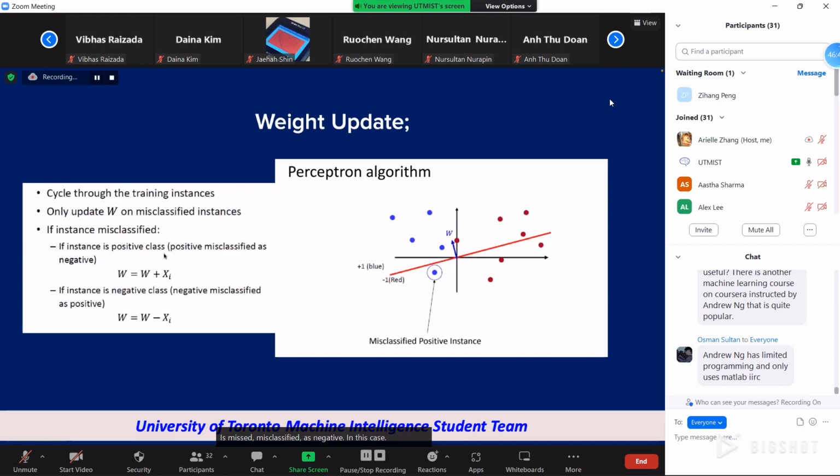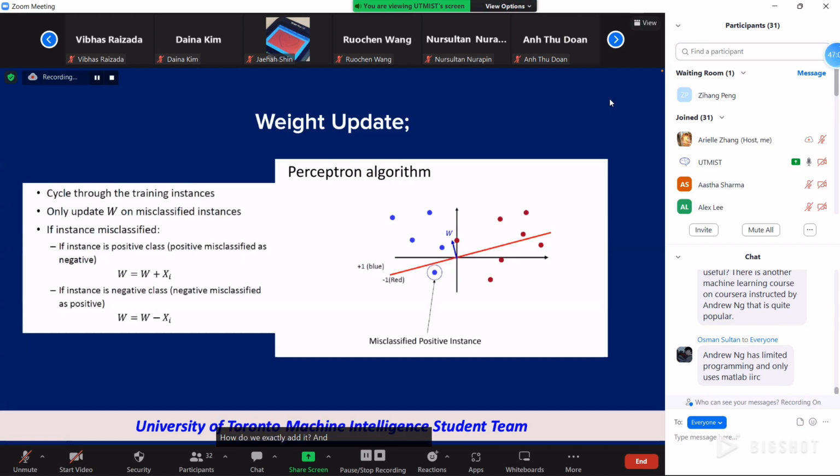In this case, we're adding its direction vector to W, which is the vector of this decision boundary, in order to adjust it. I'm going to demonstrate how exactly we add it.